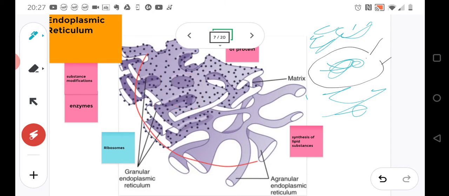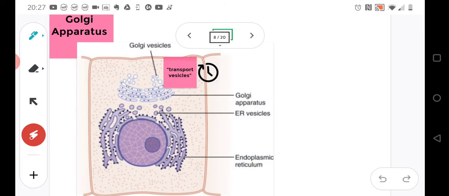So these are the structures, both endoplasmic reticulum and Golgi apparatus, that are generally modifying some substances. So what is the difference between the endoplasmic reticulum and Golgi apparatus? Golgi apparatus generally does not have ribosomes, although for every rule there are exceptions. But generally they do not have them. And usually Golgi apparatus is about higher modifications of the substances.